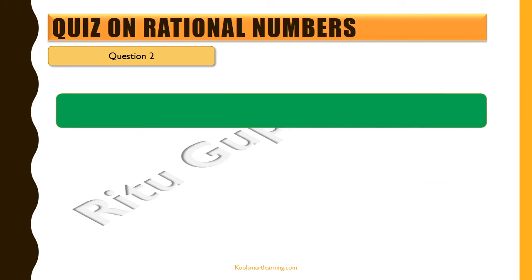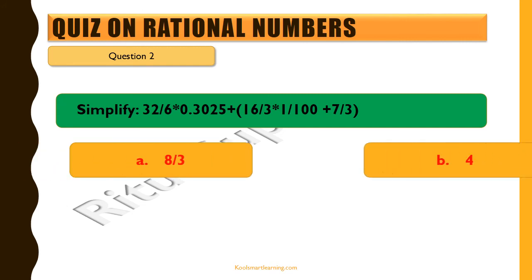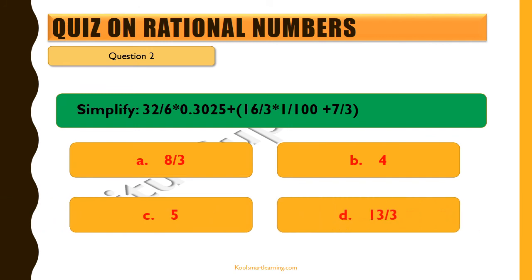The second question is, let's try to simplify 32 by 6 multiplied by 0.3025 plus, then within brackets we have 16 by 3 multiplied by 1 by 100 plus 7 by 3. Now we need to use all those properties and other things that we've discussed to simplify this to get an answer which is true, which is one of these.